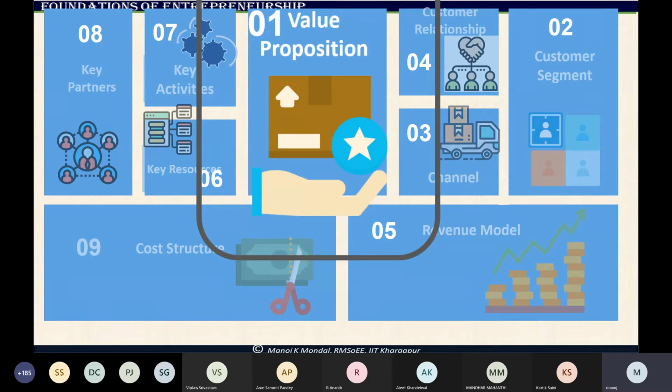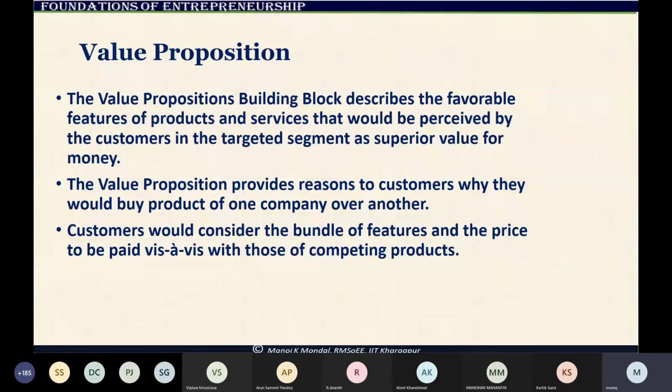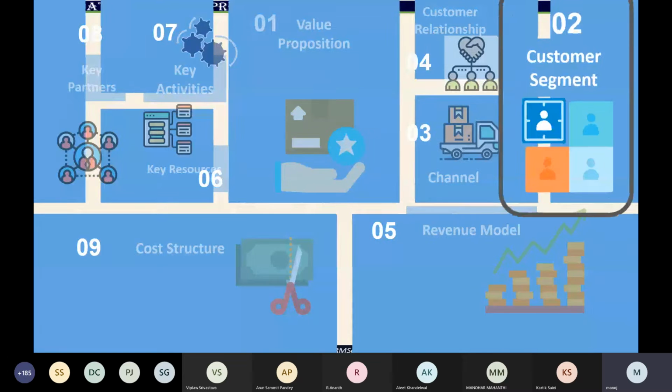So that precisely explains value proposition. And depending on your value proposition, you are going to acquire customers. If your value proposition does not entice them into your story, then it's not going to help you. So these are explanations of the value proposition. Whatever I said, you just follow that.